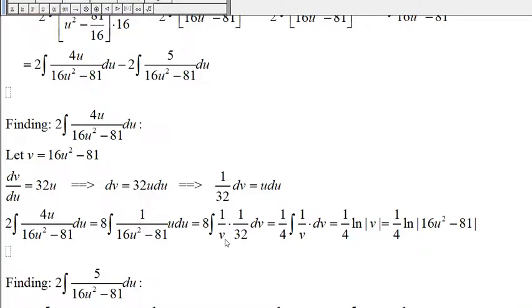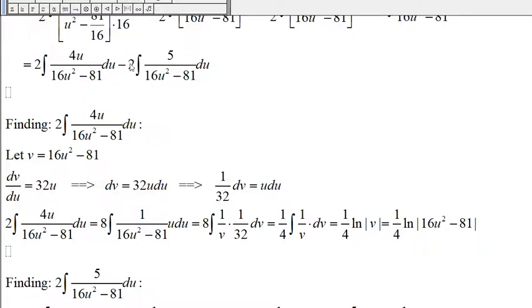So we get 1 over v. u du is 1 over 32 dv. 8 times 1 over 32 is 1/4. The integral of 1 over v is the natural log of the absolute value of v. But v is 16u squared minus 81. So we get 1/4 natural log of the absolute value of 16u squared minus 81. So that's for this integral.